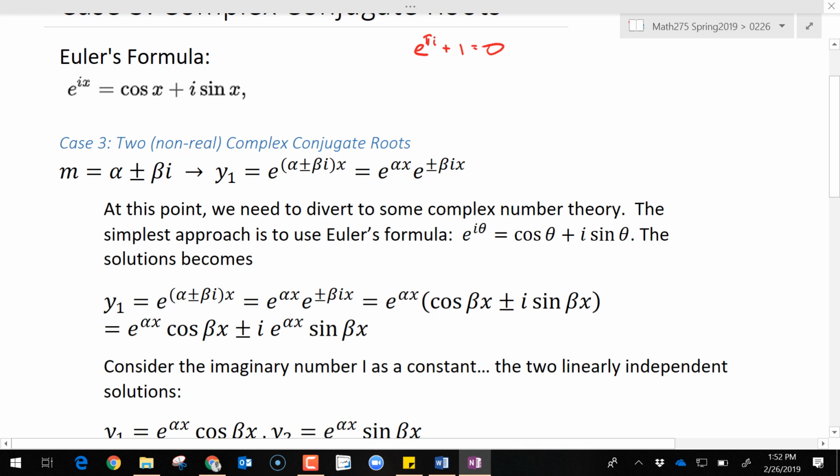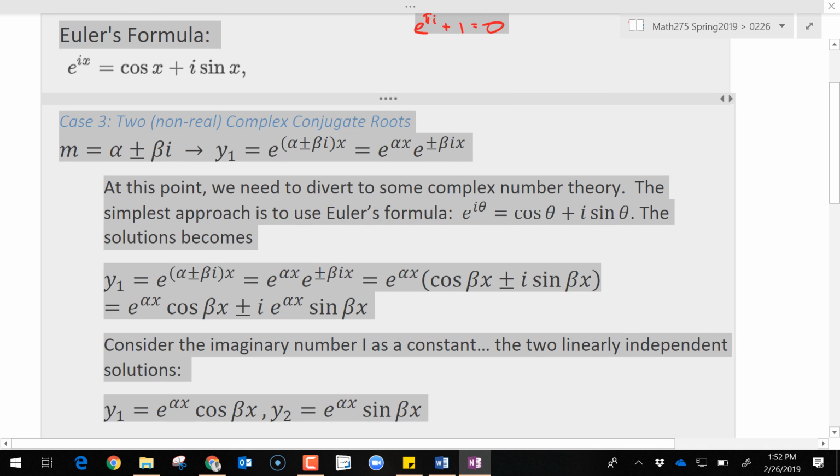All right. So if your solution is some complex number, then it's a complex conjugate. Does this all look confusing? Yeah, okay.